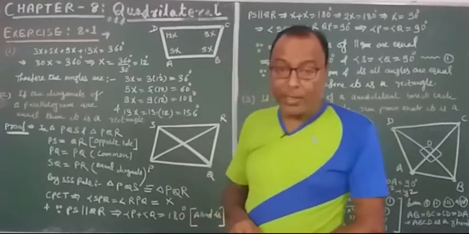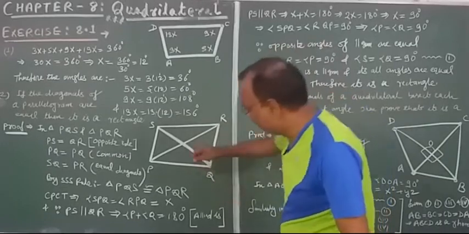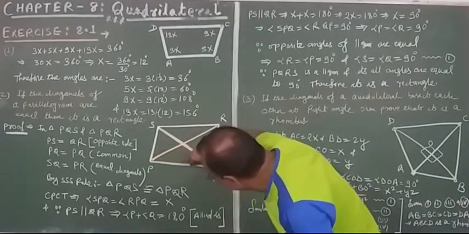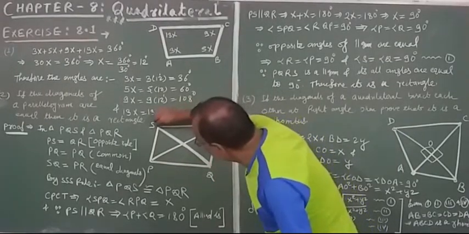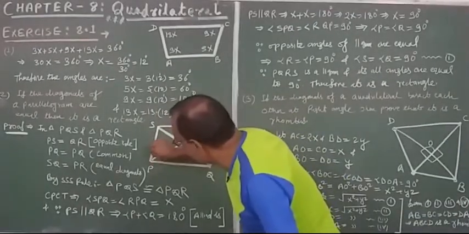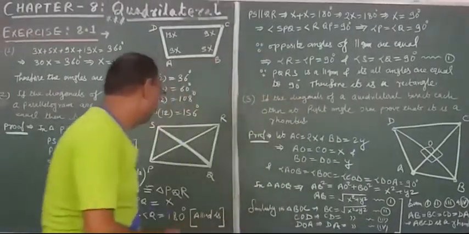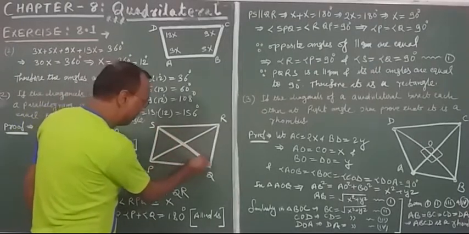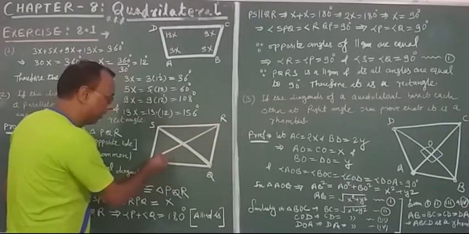Now just look at the figure. Let this be the given quadrilateral PQRS, which is a parallelogram. This is given. This is a parallelogram in which the diagonals are equal. These are the diagonals, SQ and PR.